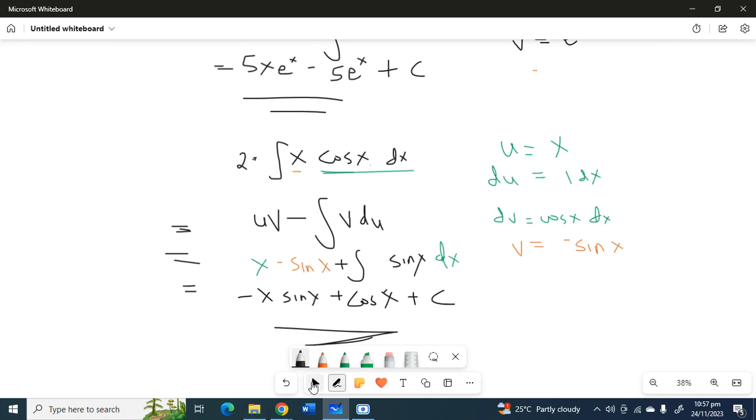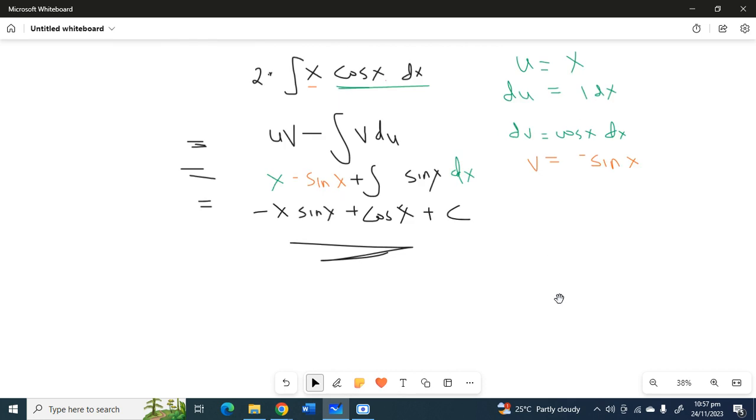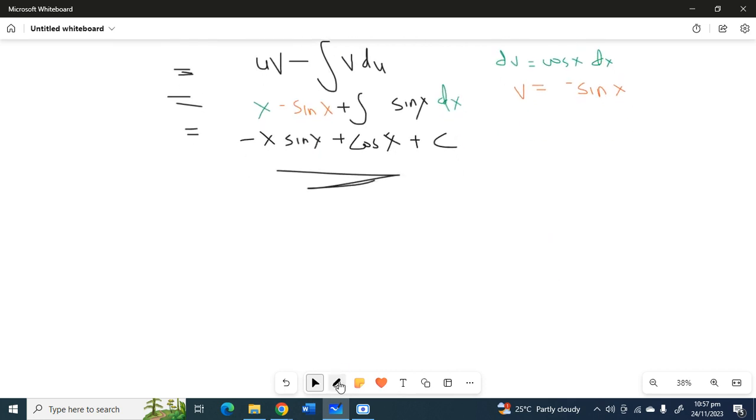Here's another example. The integral of 6x squared natural log of x dx. So step one, we need to pick our u.